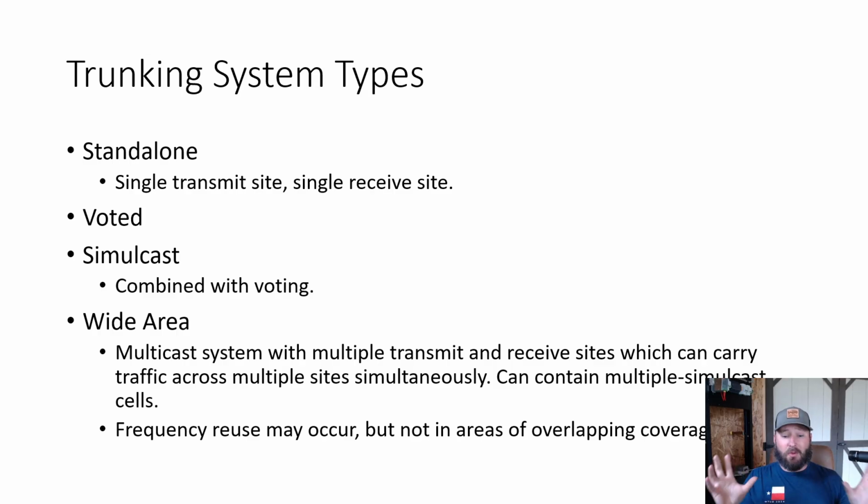It can be a mix of multiple simulcast cells. You can reuse frequencies as long as there's no overlapping coverage, unless we're within that simulcast cell. And the radio will typically roam from one site to the next without any user intervention, as long as what we call the talk groups are provisioned at those sites.